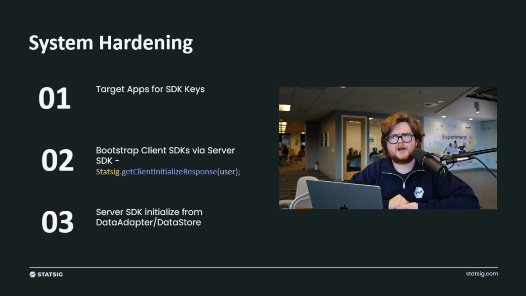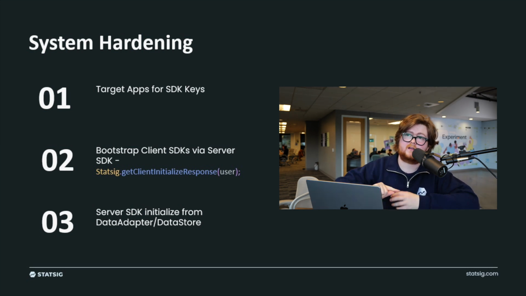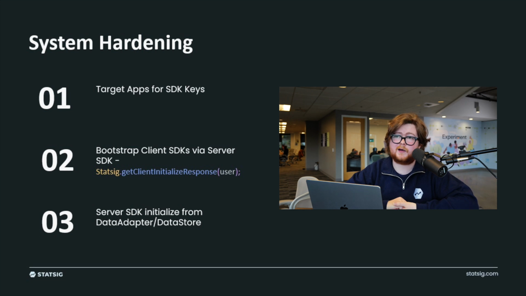And then another thing you can do for performance, and for letting you sleep well at night, is called bootstrapping. This is a way to say, hey, rather than having that client SDK have to hit us, you can say, how about instead of hitting Statsig, you just hit me, your servers, right? Your backend. Presumably you have some backend that is already doing stuff about this user. You can just have that initialize go straight to them, short circuit us out of that process.